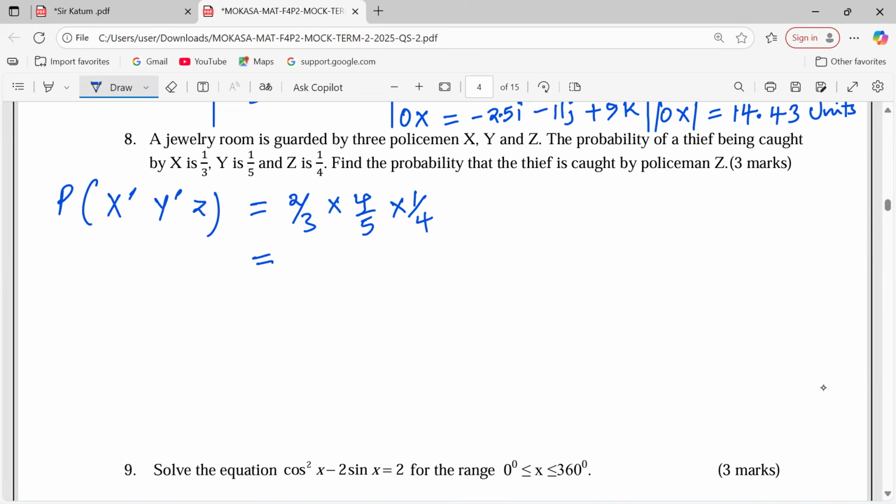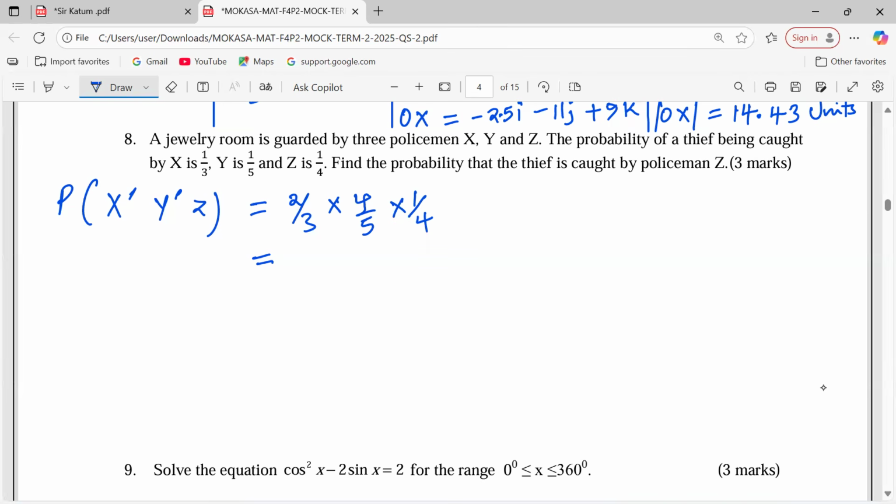That means missing is 4/5. Higher chances of missing, 80% actually. Then if Z catching is a quarter, it means Z missing is 3/4, which is 75%. So if I were the CEO of this particular company, I would immediately fire the policemen and employ different people.